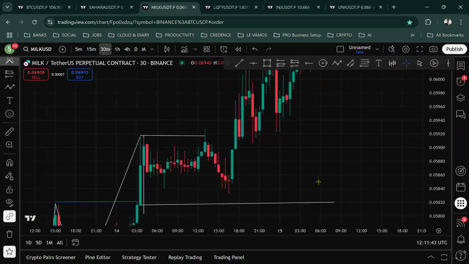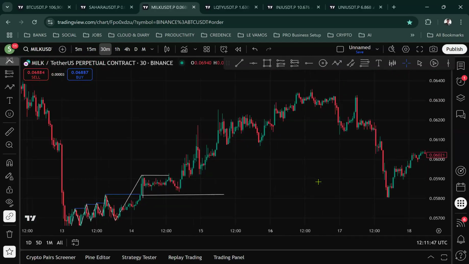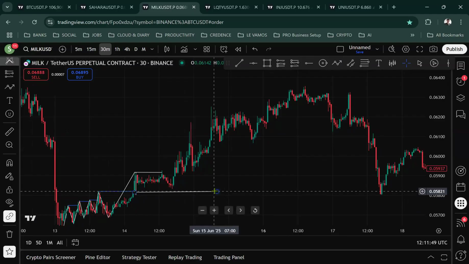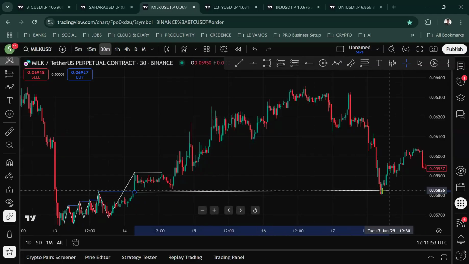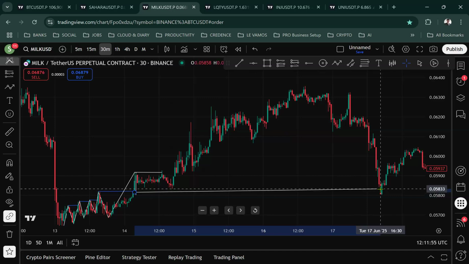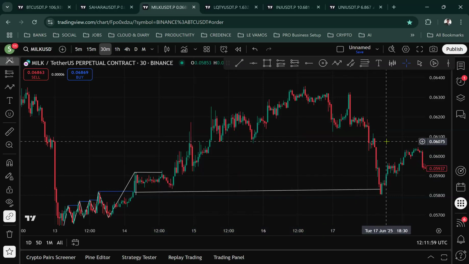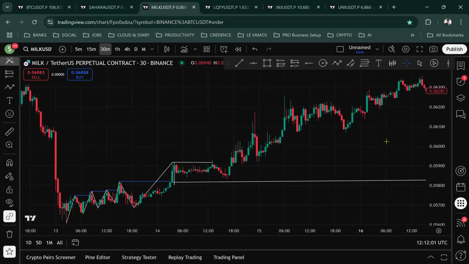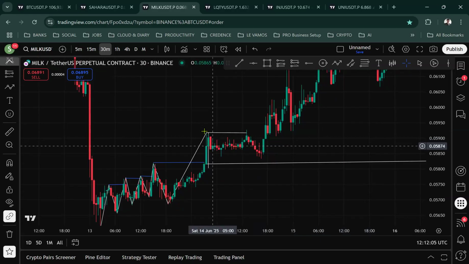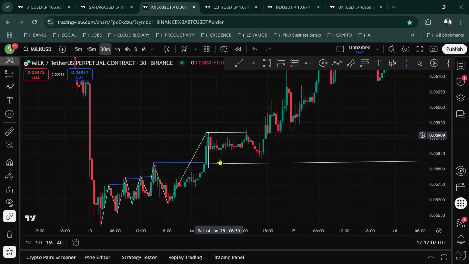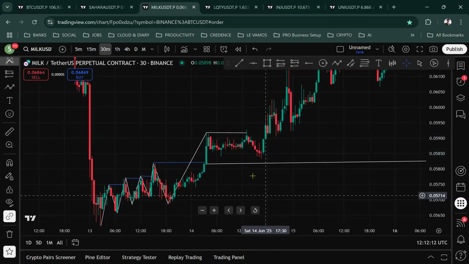Okay. So in that case, how will I identify the subsequent one? It's coming here. So what you do now, you look for the candle. After this candle, the next candle that is higher than this one.